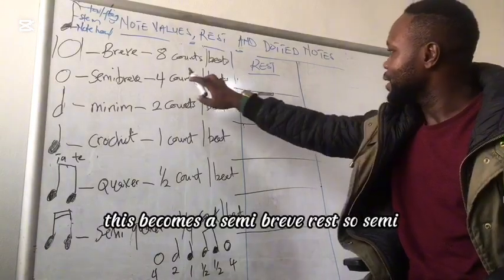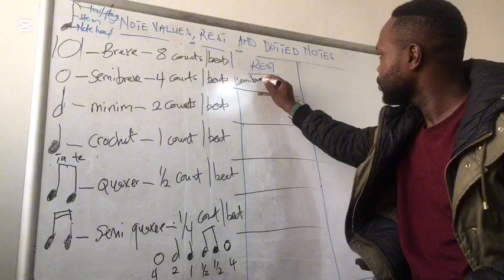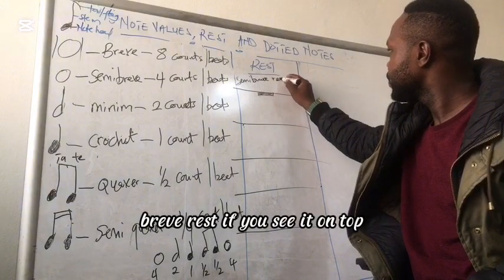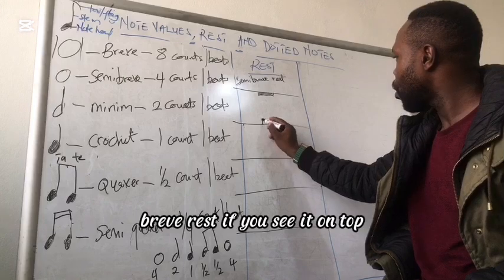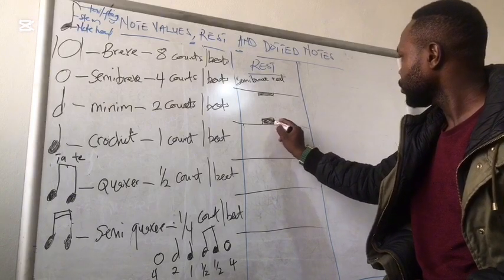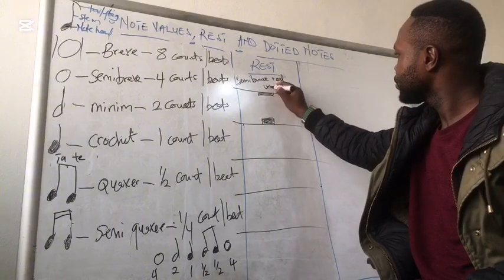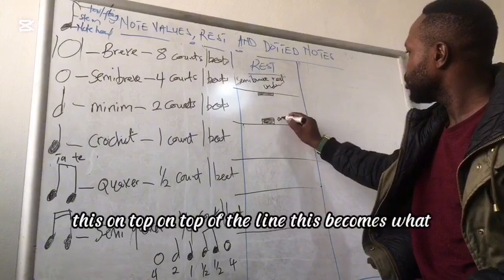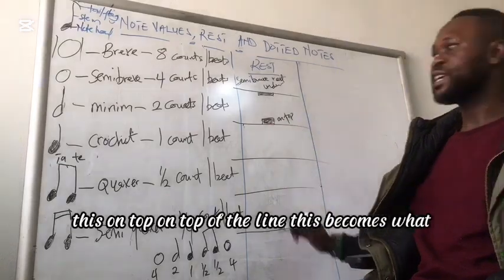This becomes a semibreve rest. If you see it on top of the line, this on top of the line, this becomes what?